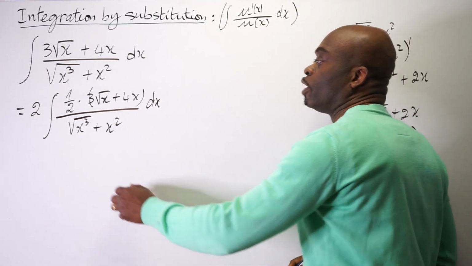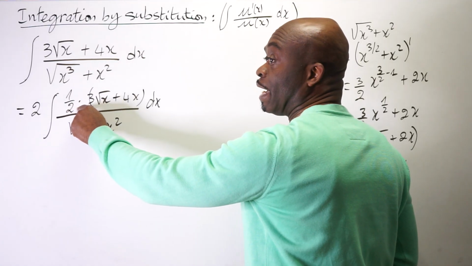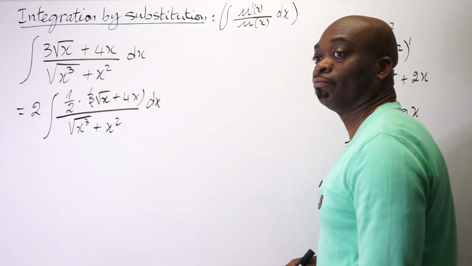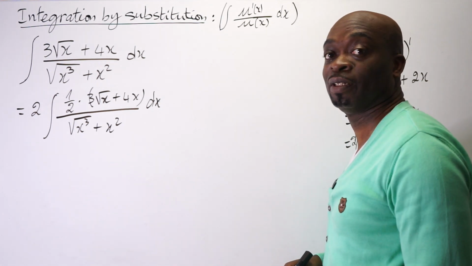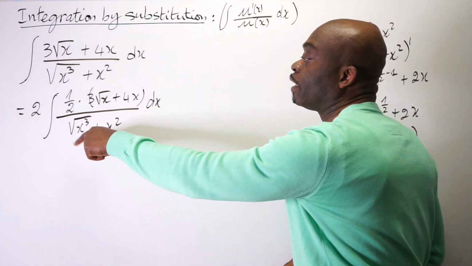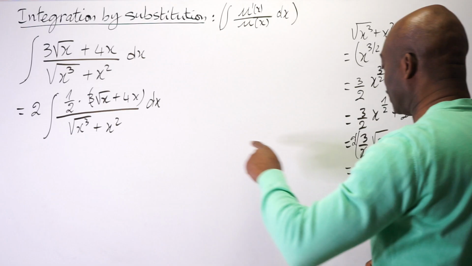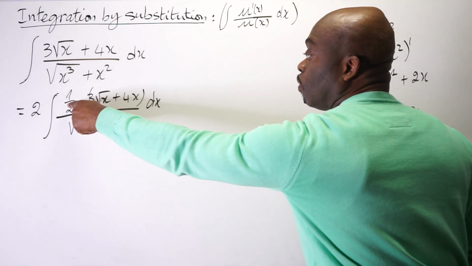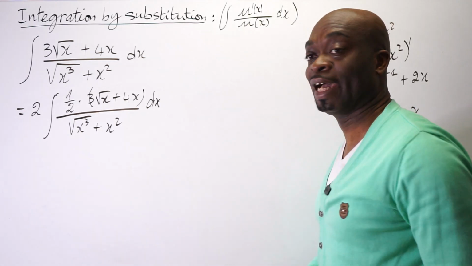When you multiply 2 by a half, it crosses out, and you have the original problem back. We all see what just happened? Because when you take the derivative of the denominator, you get this expression, which is what you get when you multiply a half by the numerator.